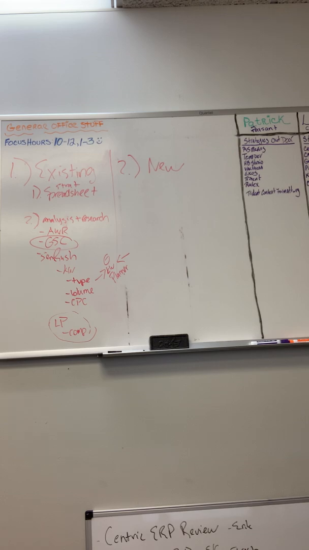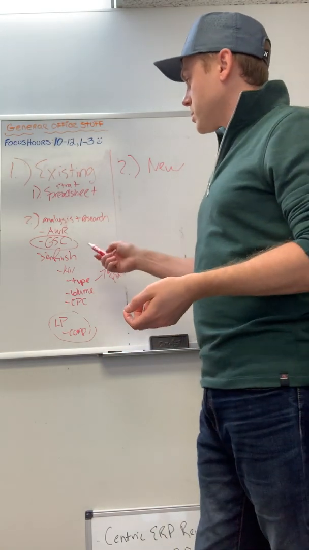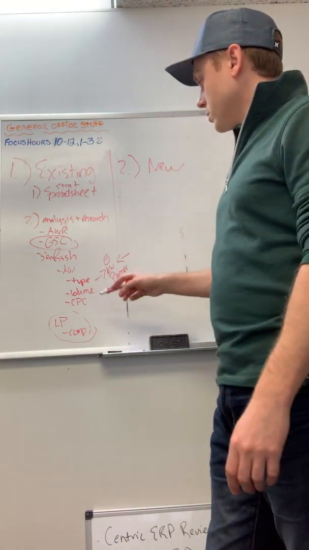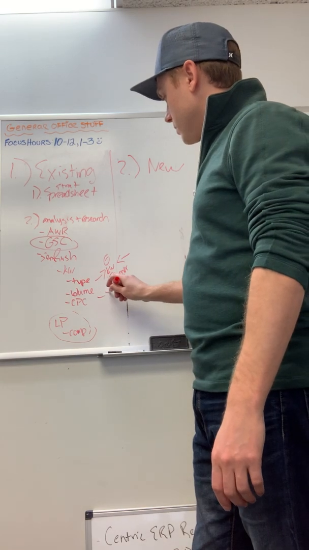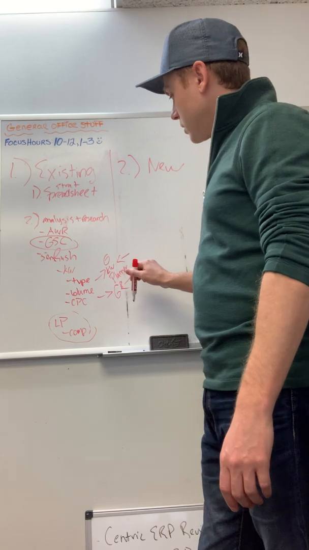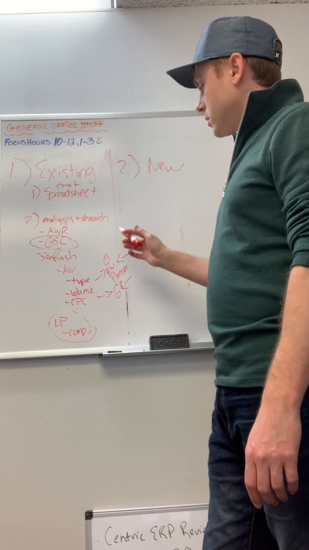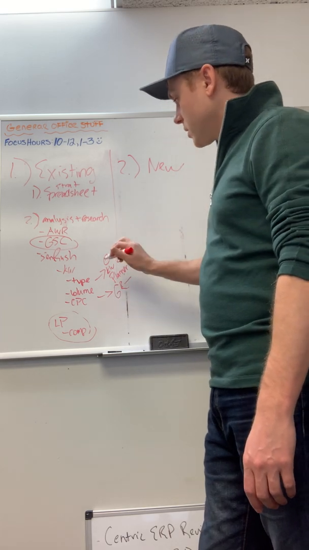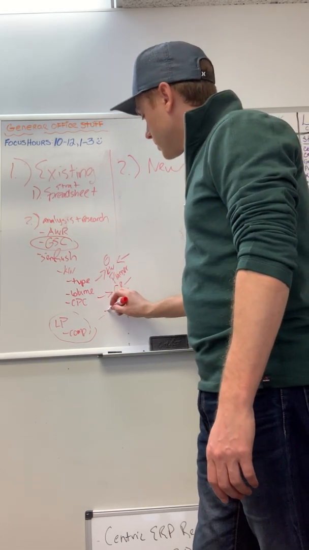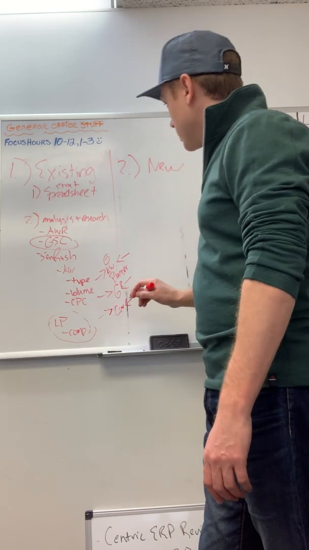So, existing client, look at where we've been to see where we can go. Dive into the analysis and research, which is going to, for the most part, involve these tools. I'm sorry, this is starting to look a little weird, I'm using abbreviations because I'm running out of room.